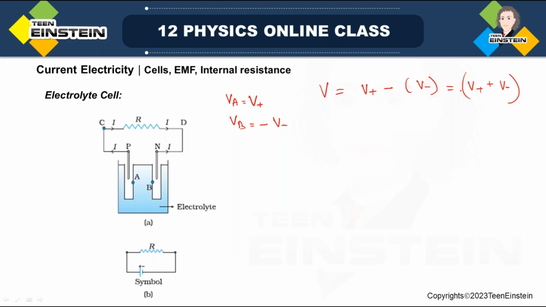Now, this potential difference between A and B is actually called the electromotive force.